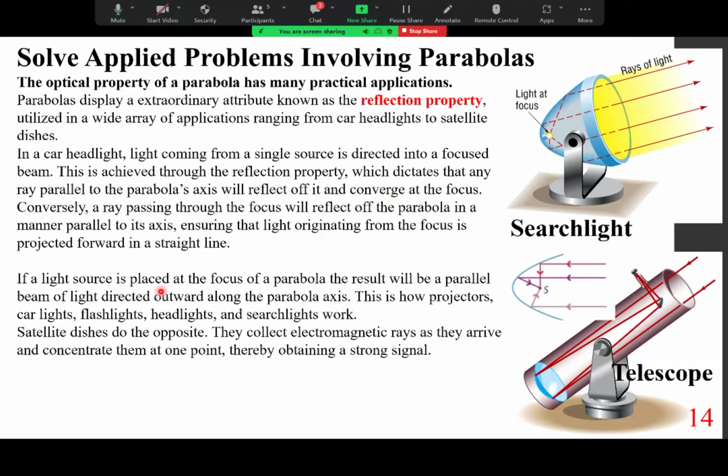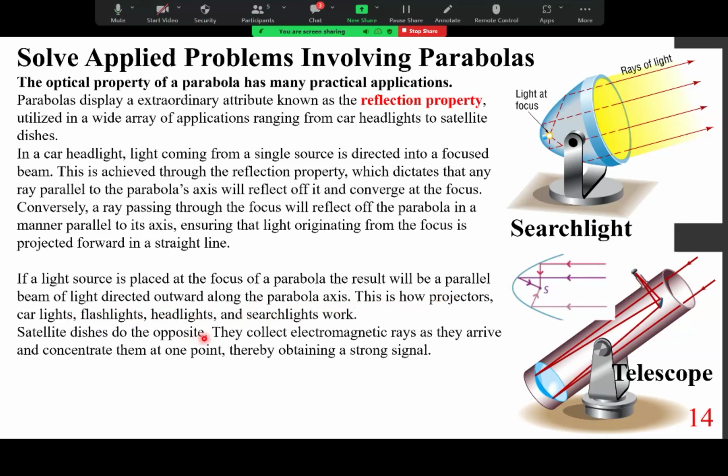If a light source is placed at the focus of a parabola, and that's really the key, you want to pay attention to this concept, the result will be parallel beams of light directed outward along the parabola's axis. This is how projectors, car lights, flashlights, headlights, and searchlights work.